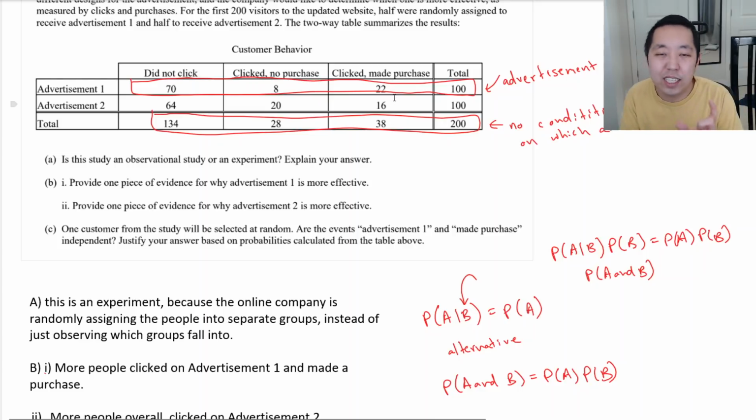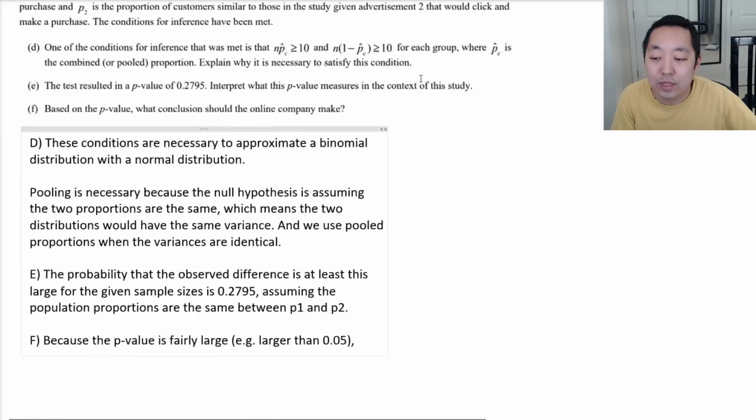And we're trying to decide if that difference is real, or is it just coincidence? The p-value tells you it's probably just coincidence, or there's a good chance it's coincidence. It could be that advertisement 1 is better. But from this data, you can't really conclude that it is better, because our probability is just 28%. That's a pretty good chance that it just happened to be luck. Maybe they're even in their luck.